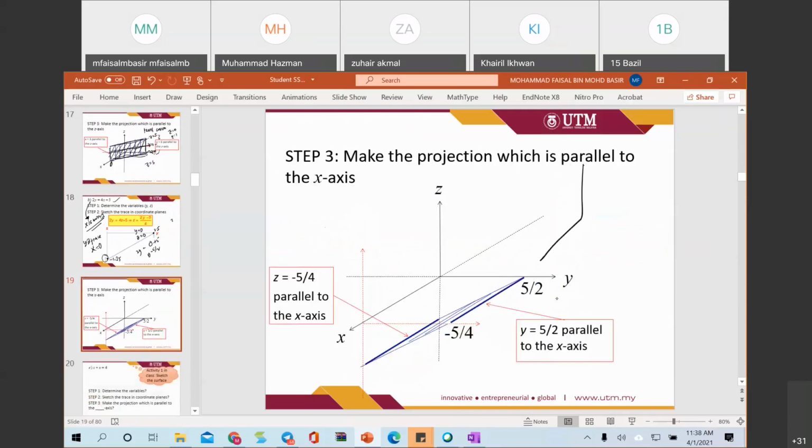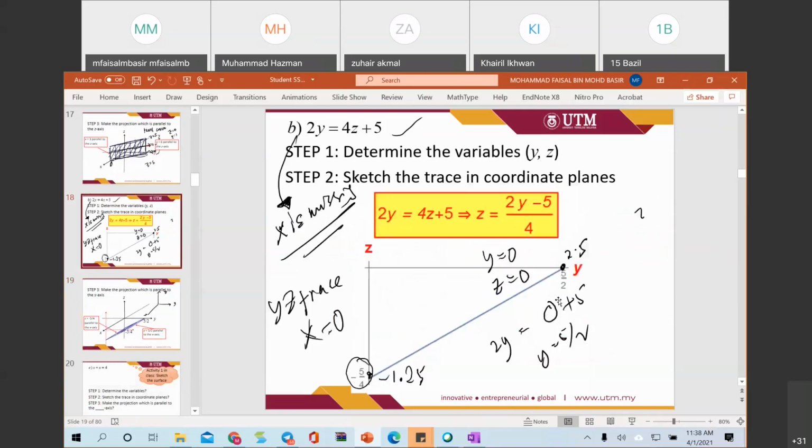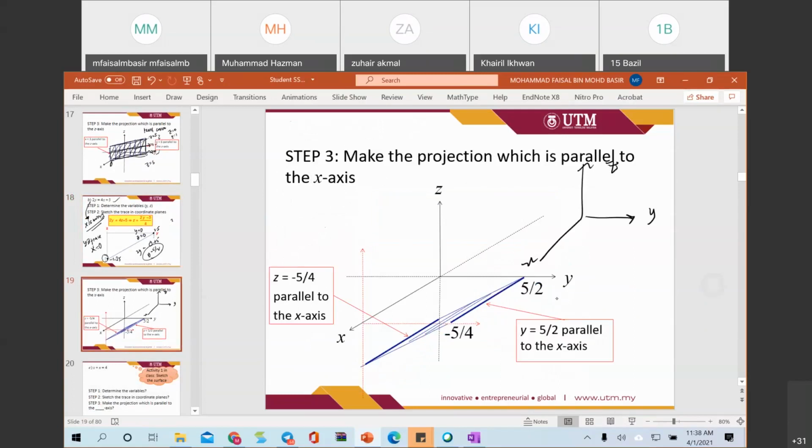Okay, see what we have now. Try to draw: your y is 5 over 2, your z is negative 1.25. Let's say here z is negative 1.25 and y is 5 over 2.